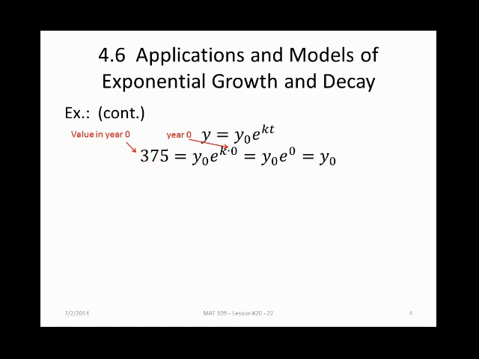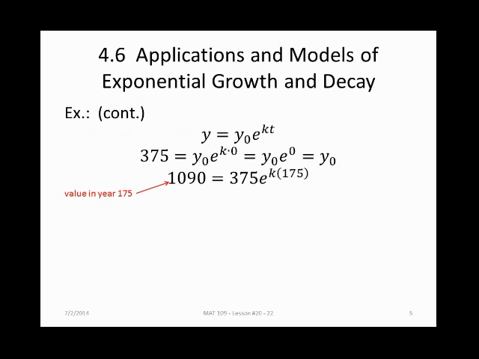If you look at the table, that would make sense, because in the year we're calling year 0, the value was 375. So that gives us this value in our equation. Now all we need to do is find that value k, and we'll have the entire equation. The way we do that is we take the second point for the year 2175, which has a t value of 175.